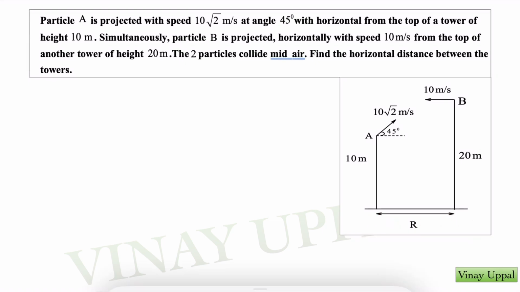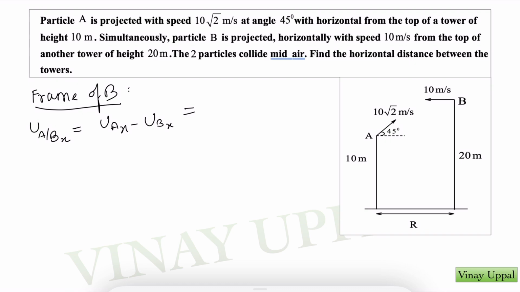So relative motion will be the easiest way to do this. So let me just go in frame of one of the particles, choose any particle, doesn't matter, let me choose particle B. So in the frame of B, what is the initial velocity of A? So velocity of A with respect to B, the x component is going to be velocity of A x component minus the x component of velocity of B. So what is the x component of velocity of A? 10 root 2 cos 45.